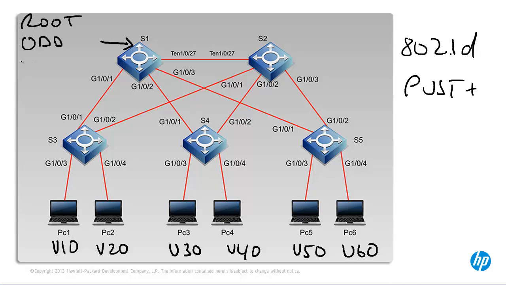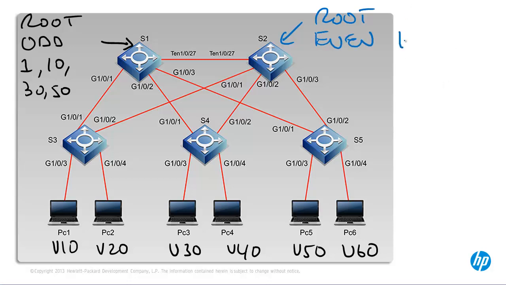So in other words, it would be the root for VLAN 1, the management VLAN, VLAN 10, VLAN 30, and VLAN 50. Switch 2 would be the root for even VLANs. So for VLAN 20, VLAN 40, and VLAN 60.